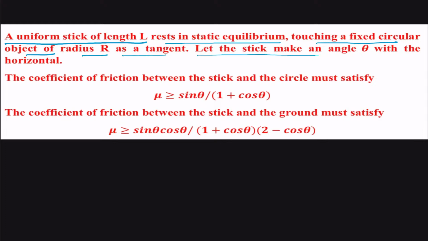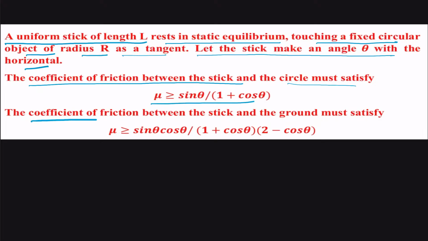Let the stick make an angle of theta with the horizontal. So here we have to find out two things. The coefficient of friction between the stick and the circle must satisfy this equation, and the coefficient of friction between the stick and the ground must satisfy this equation. Okay, so these are the two things which we are going to prove.